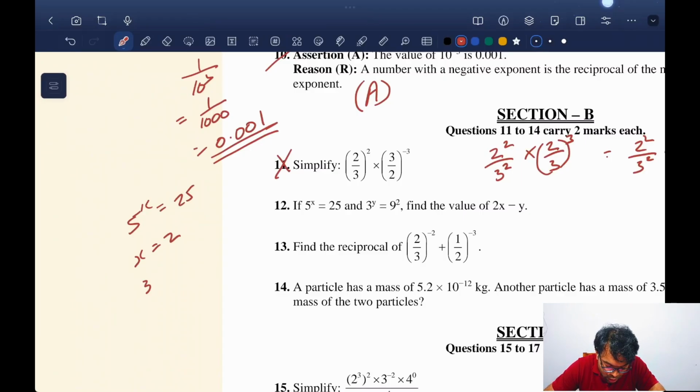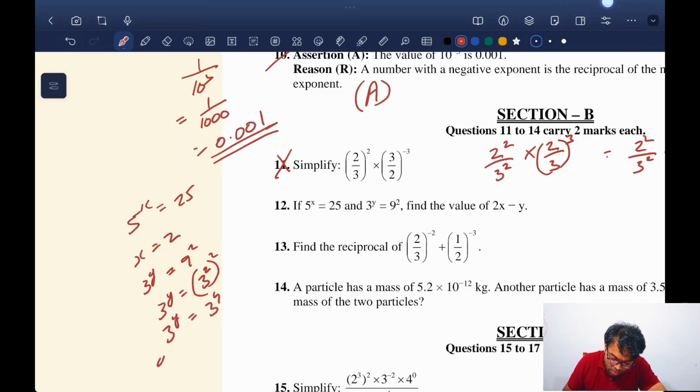Okay. 3 to the power of y is equal to 9 square. 9 square can be written as what? 3 to the power y is equal to 3 square the whole square. 3 to the power y is equal to 3 to the power of 4. Therefore, y is equal to how much? 4. Y is coming out to be your 4. Clear? So, you will have what? 2 into 2 minus 4 is equal to 0. Is this correct? 0 ही आया था?